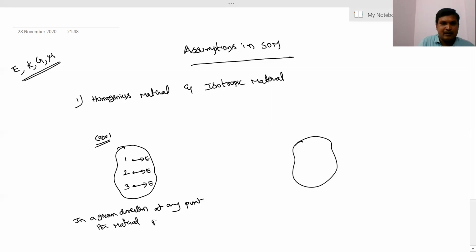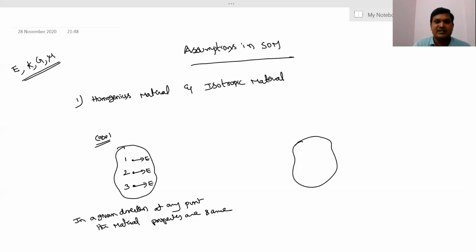The material properties are the same. The material property at point 1 is E, at point 2 also E, and at point 3 also E, all towards the right.